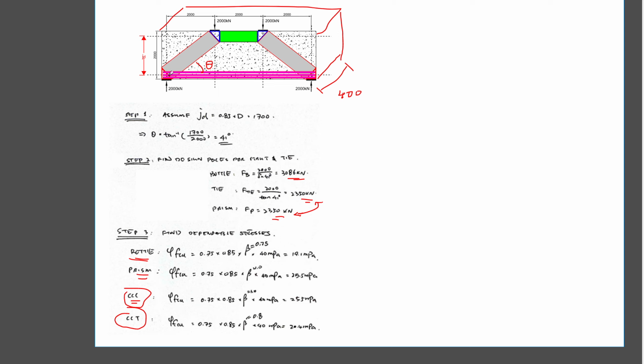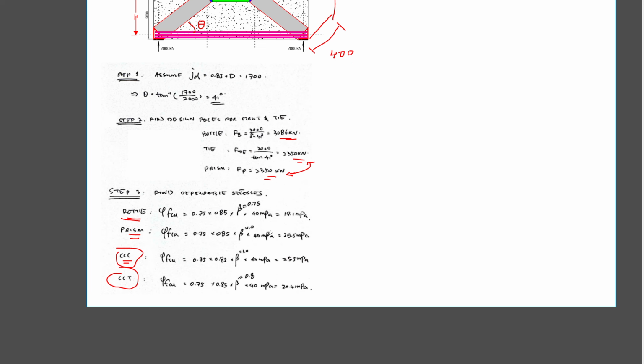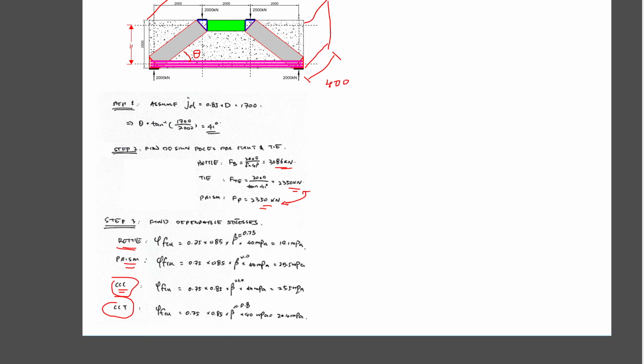At the bottom here is the CCT node, and here is the CCC node, because you have compression, compression, compression, whereas the other has compression and tension. So what are the allowable or dependable stresses for those connections or nodes?